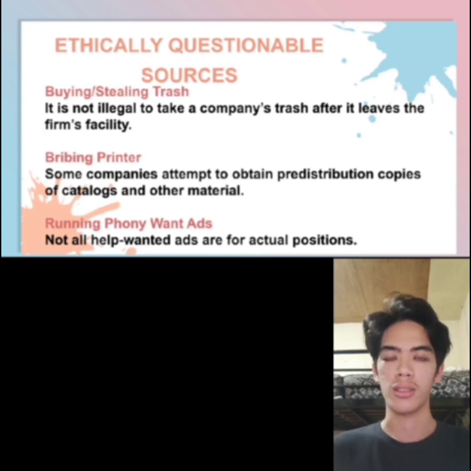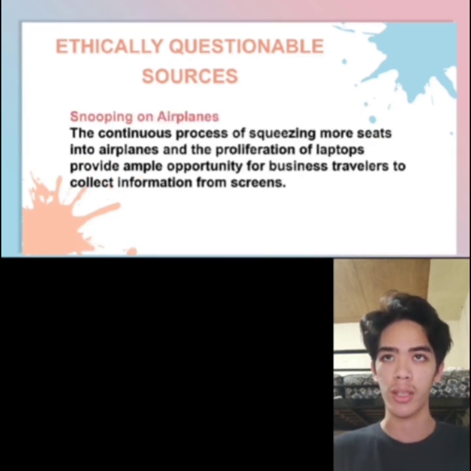So next is snooping on airplanes. The continuous process of squeezing more seats into airplanes and the proliferation of laptops provide ample opportunity for business travelers to collect information from screens.